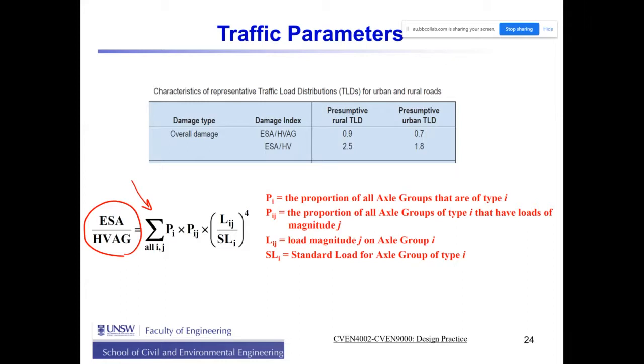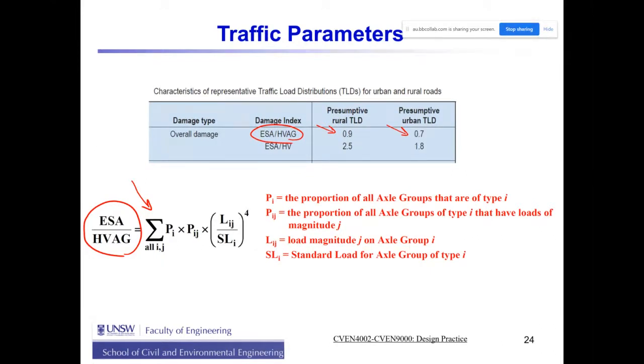But for light traffic roads, there is a table that you can use, and there are some presumptive values. So this is the damage index, as you can see here. That damage index depends on whether you are designing the road for a rural area or for an urban area.